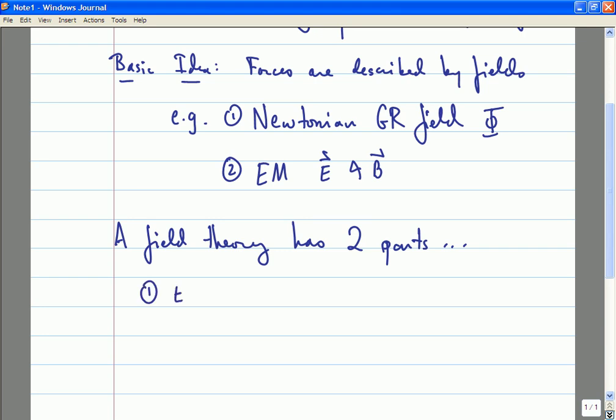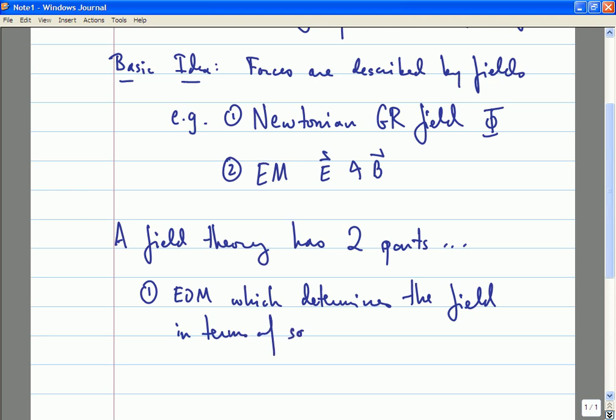So what is the equation of motion? The equation of motion is a differential equation, usually a second-order differential equation, which allows you to determine the field in terms of the sources. And this equation of motion for a field usually goes under the creative name of the field equation.